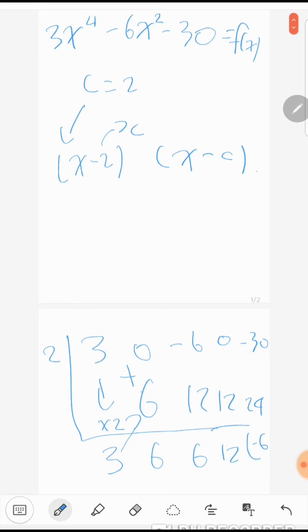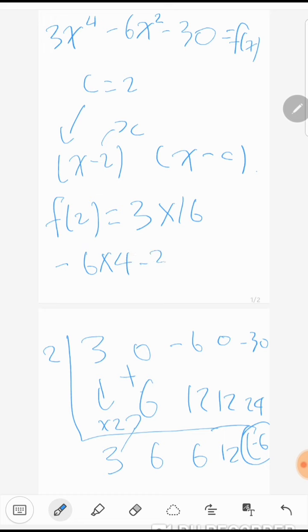And this negative 6 should be the same as f of 2. So if we put the number there, 3 times 2 to the fourth power, 4 times 4 is 16, and then minus 6 times 4, minus 30.